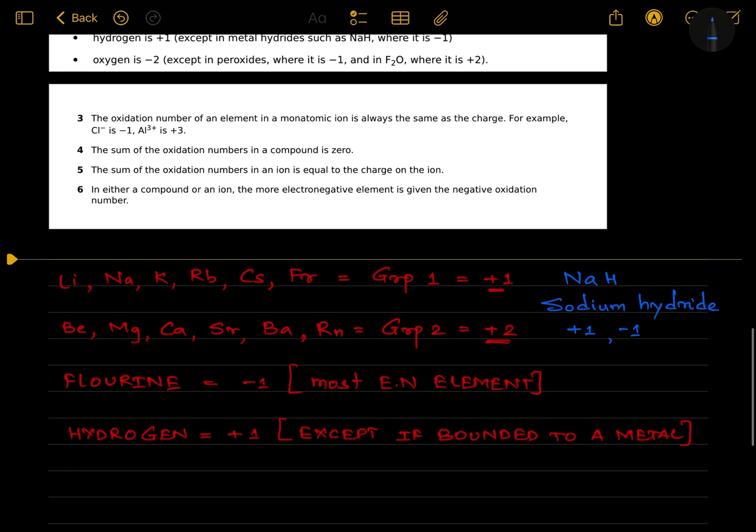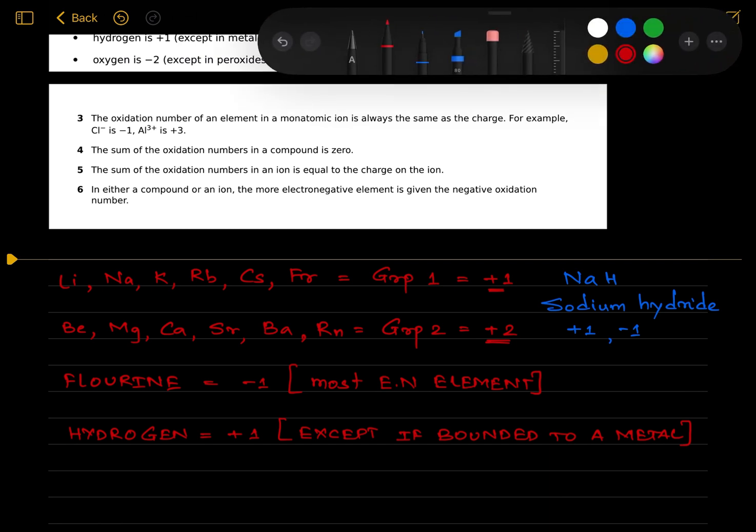Let's go further. The next point says that if I talk about oxygen, the second most electronegative element, who was the first most electronegative element? It was fluorine.